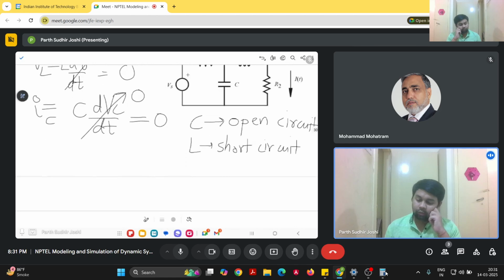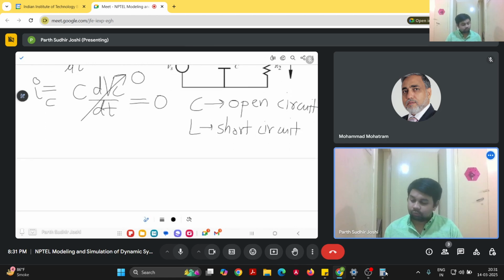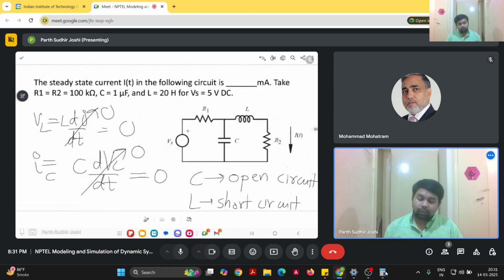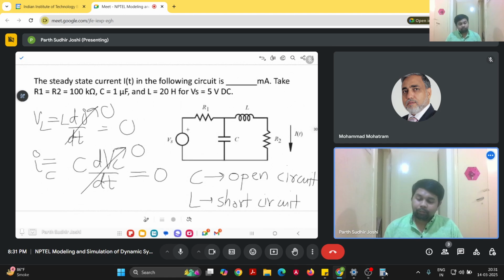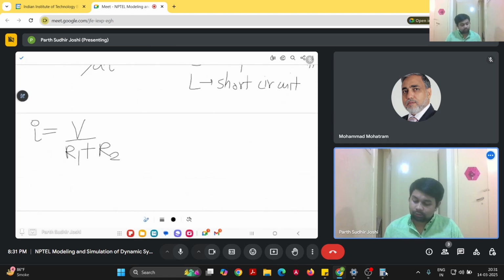And so the current flowing at steady state will be only through the resistances. It will be basically V upon R1 plus R2, because R1 and R2 are in series. So which is 5 upon 100 plus 100 kilo ohm.